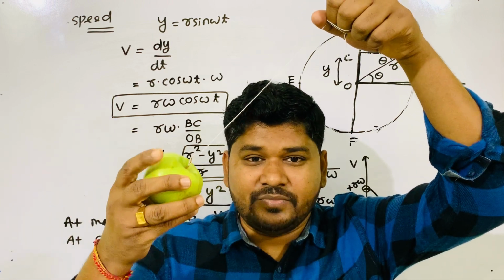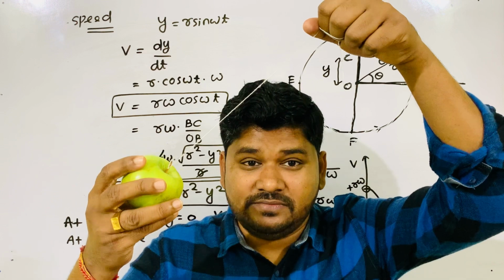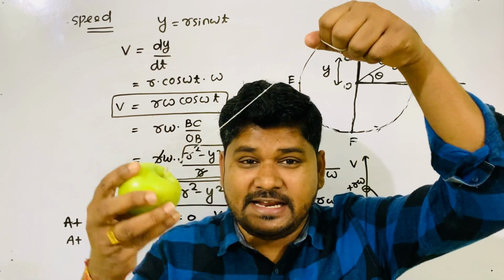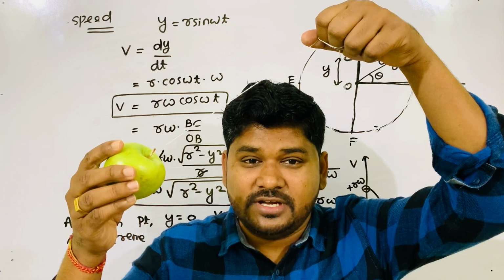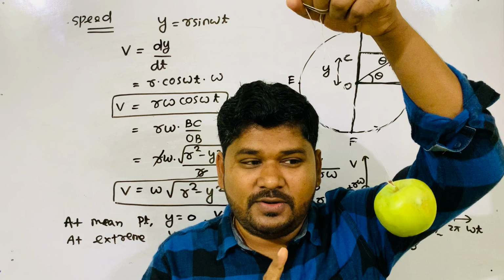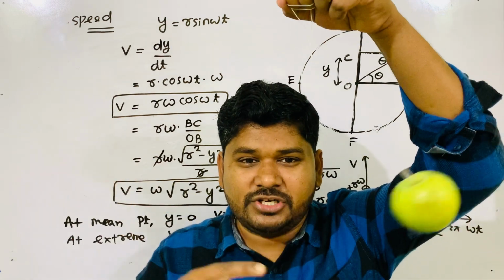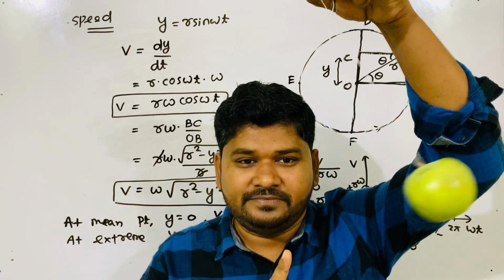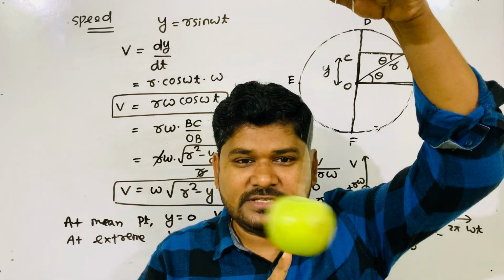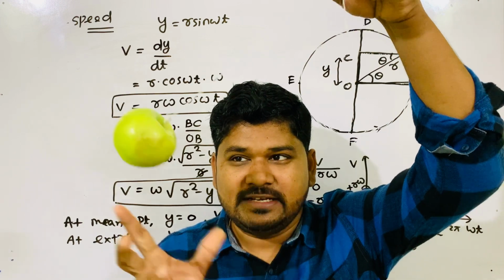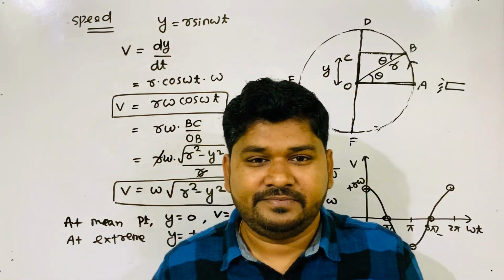But at extreme, its velocity is 0. At extreme position, velocity is 0. It changes its direction of motion there. But when it passes through the mean position, always it passes with maximum velocity. This is the mean position. It passes the mean position with maximum velocity. But at extreme position, its velocity is 0. This is the extreme position.